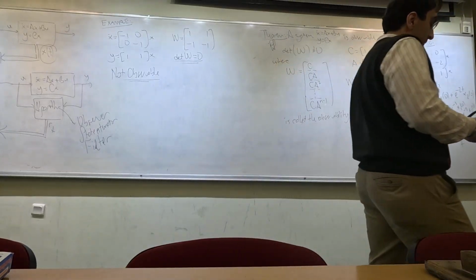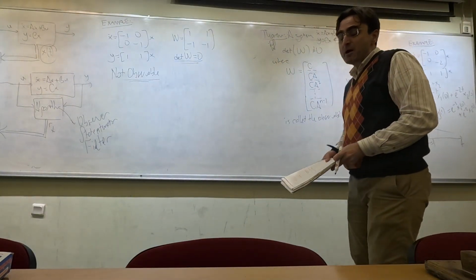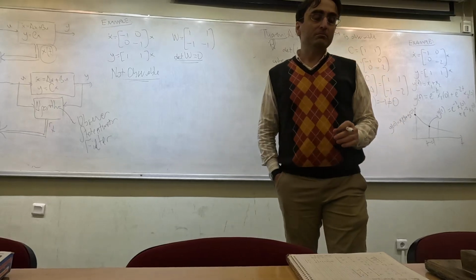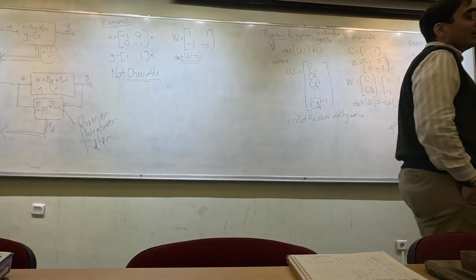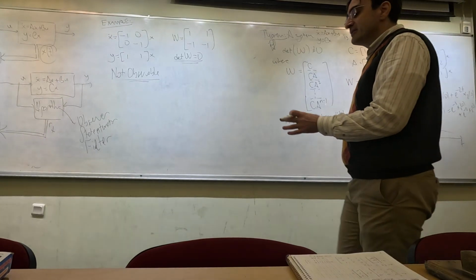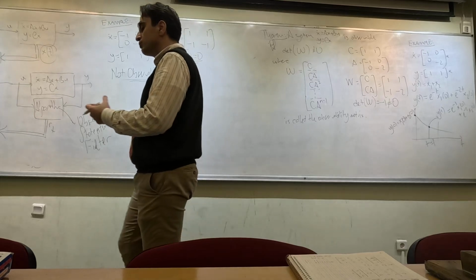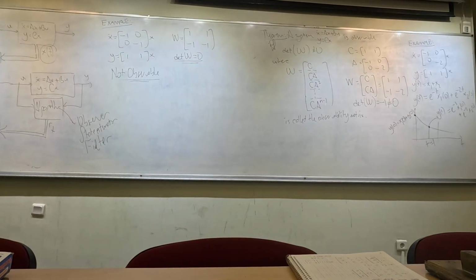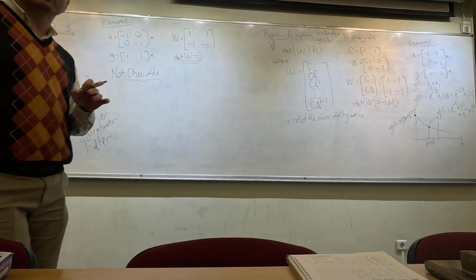So here, we have a remark at this point. Remember, we have seen some state space representations that were called controllable canonical form. And when we saw the property of controllability, we saw that a state space representation in controllable canonical form was always controllable. Okay? And another representation that we saw was called observable canonical form.